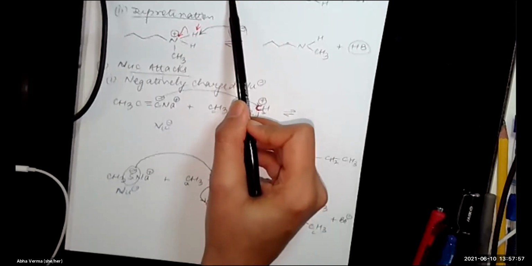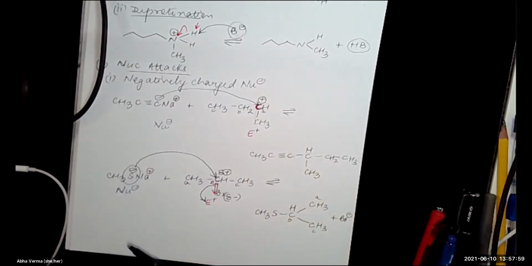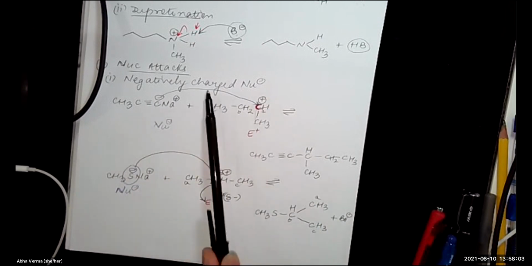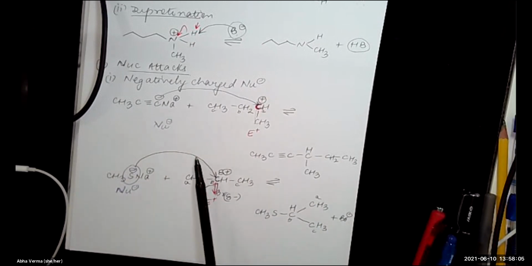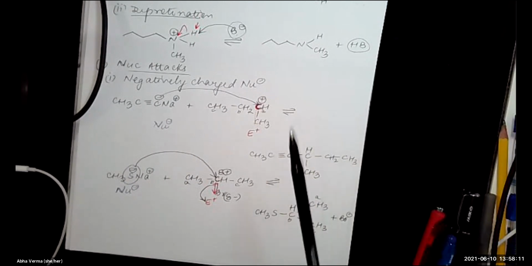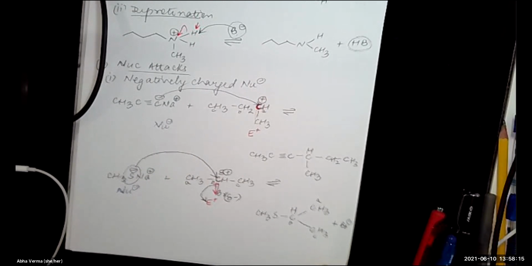But overall, in both of these cases, what is happening? A nucleophile is attacking a substrate. This is your substrate where the electrophilic site is, and replaces some other moiety. So this is your negatively charged nucleophile.